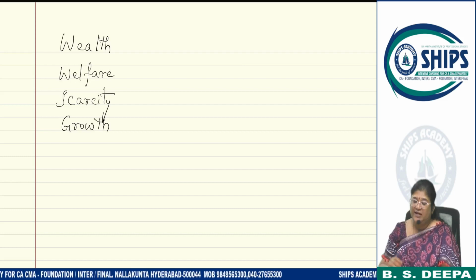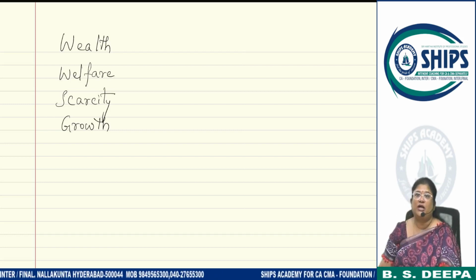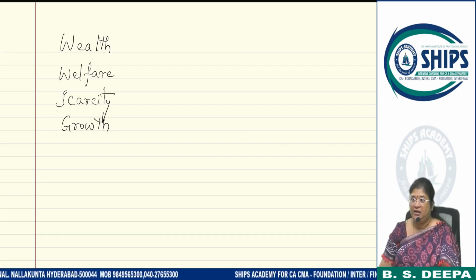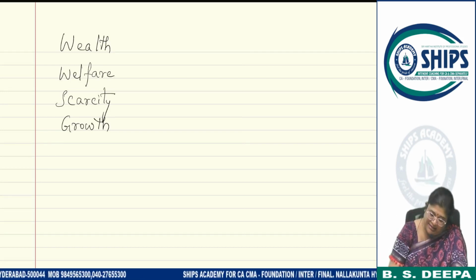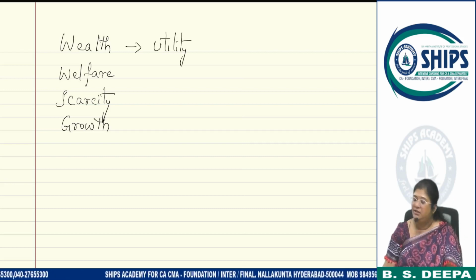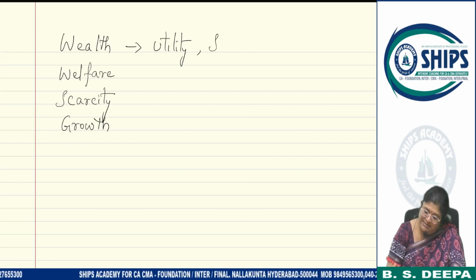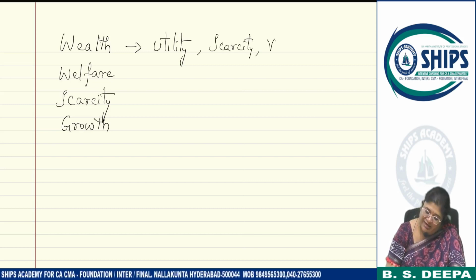Right? Now, when we are talking about wealth, what you have to remember is it has four characteristics. Only then it can be called wealth. What are the four characteristics? Wealth should have utility. The wealth should have scarcity. The wealth should have value in exchange.